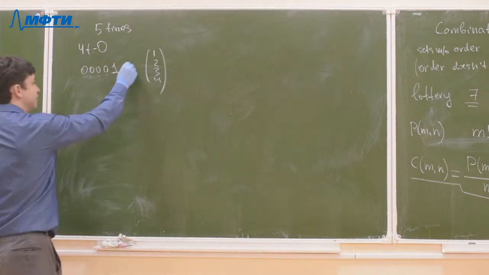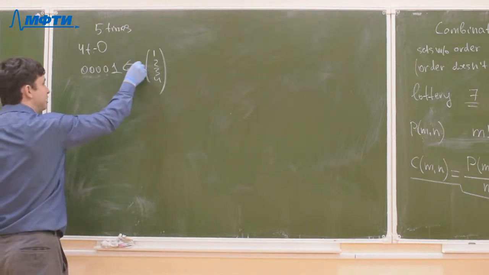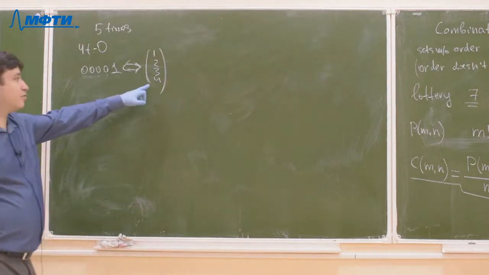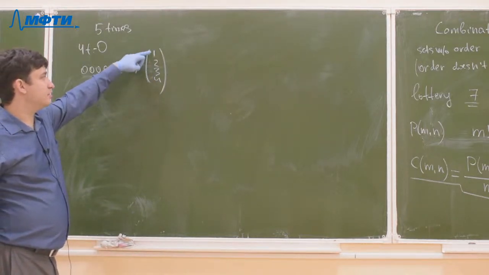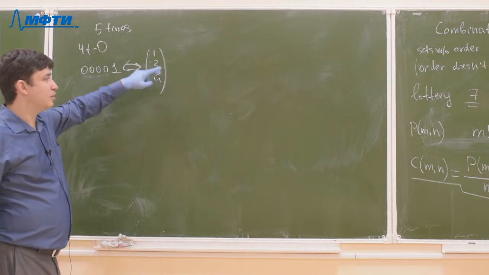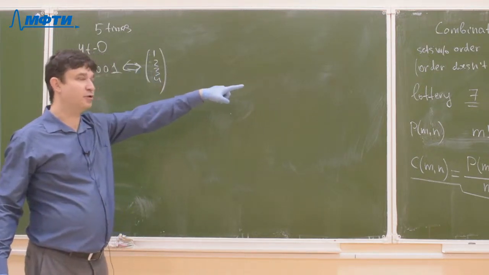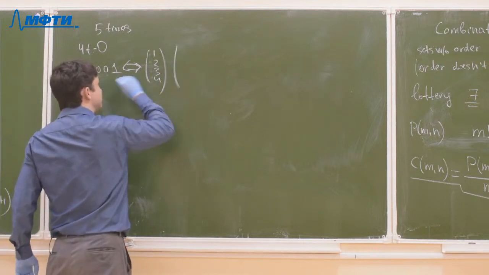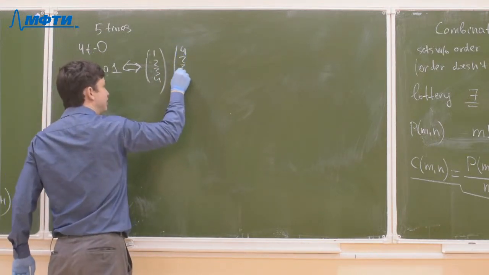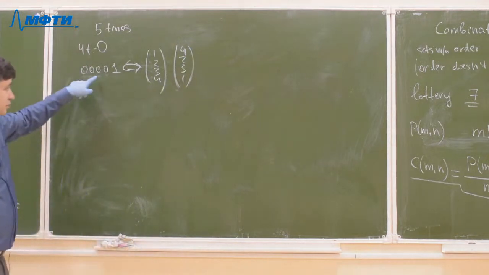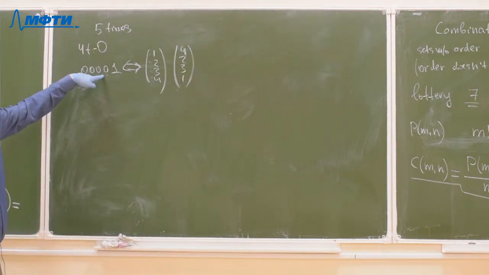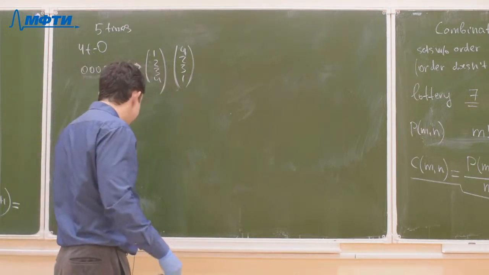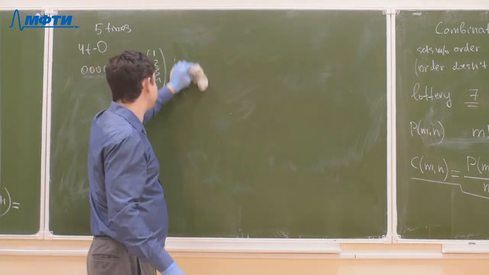So to each of these sequences I can put into correspondence a combination of 4 numbers, 1, 2, 3, 4. And this is a combination because order doesn't matter: if I choose the positions of zeros as 4, 2, 3, 1, it will describe exactly the same sequence of zeros and ones. So we indeed are dealing with combinations.